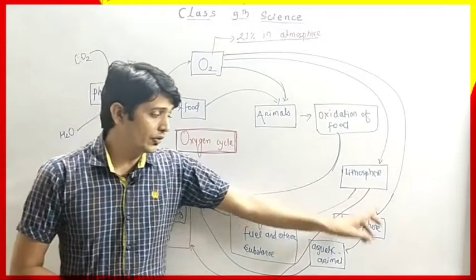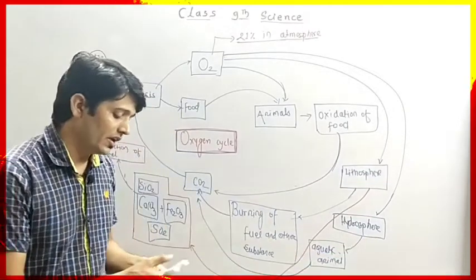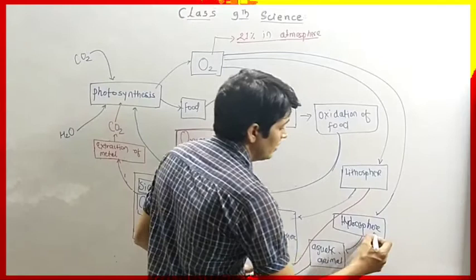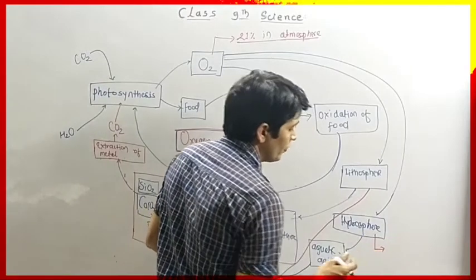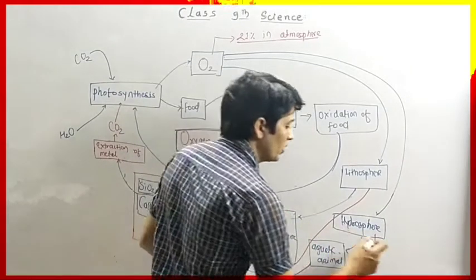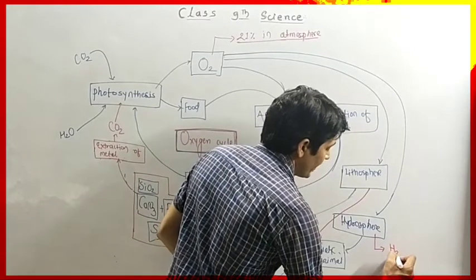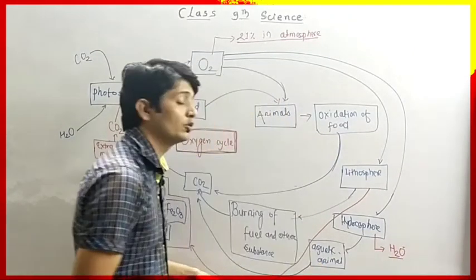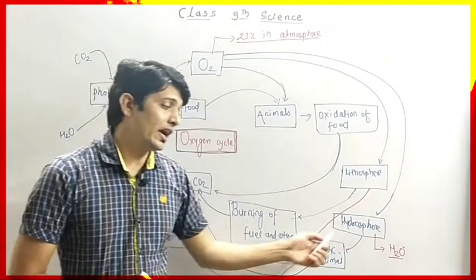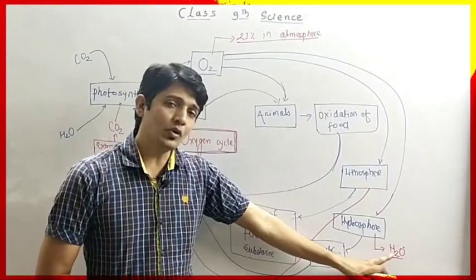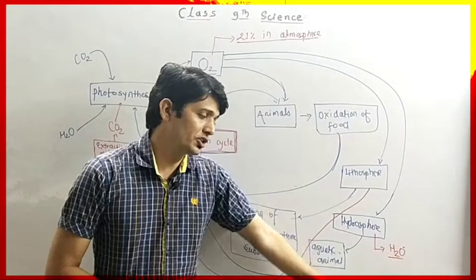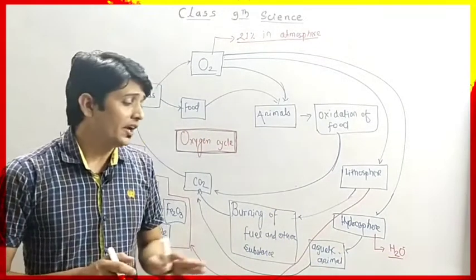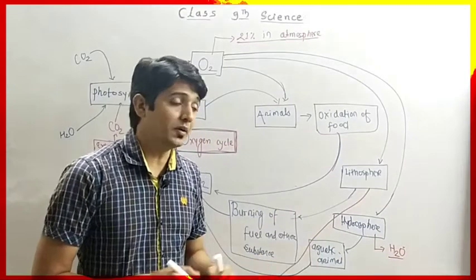In the hydrosphere, water. See, the hydrosphere is nothing but the aquarium which contains mostly water only. So what is the formula of water? It is H2O. So in H2O oxygen is also present. In the hydrosphere, along with hydrogen the main constituent is oxygen. That oxygen is used by aquatic animals.